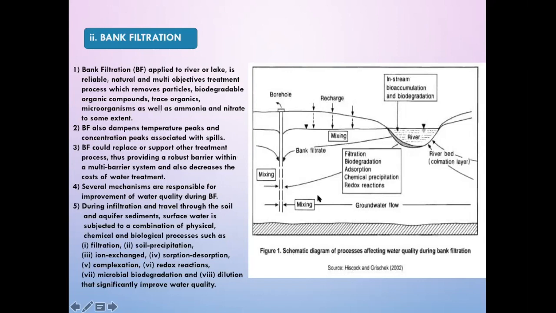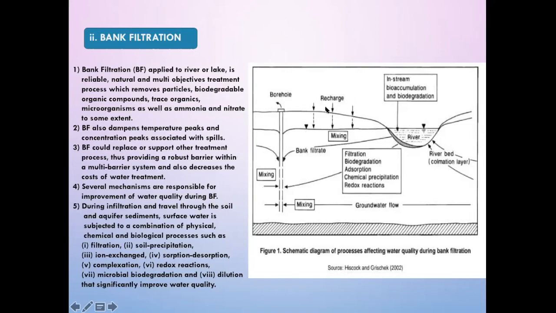This is the schematic diagram of processes affecting water quality during bank filtration. This is the river, as we can see here, in stream bioaccumulation and biodegradation happen here. So this is the soil and the wells on the left side, the borehole.